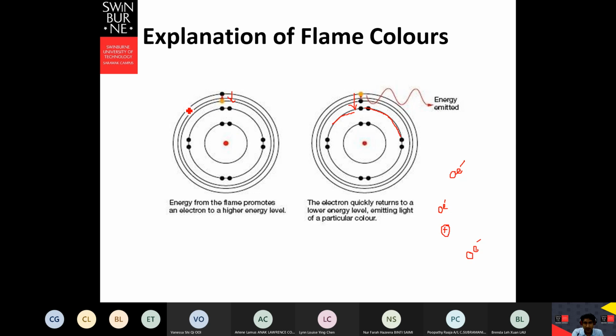When it is coming back, it cannot just come back, because it did not go to the next level on its own. It was supplied with some energy. So what happens to that energy now? The electron must release the energy so that it can come back to the original stage.